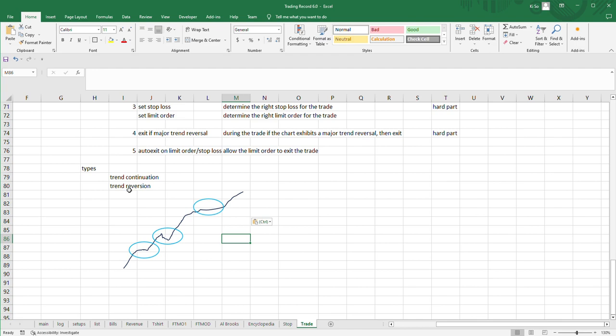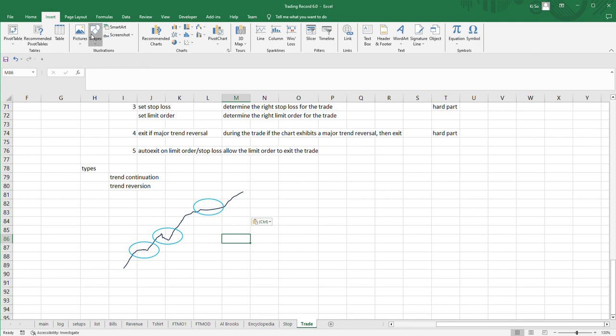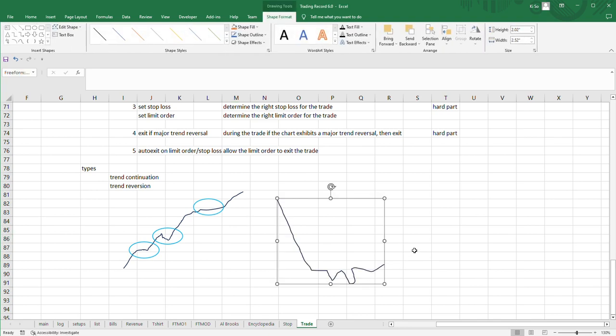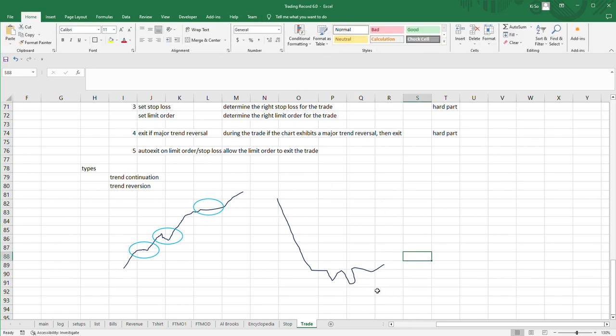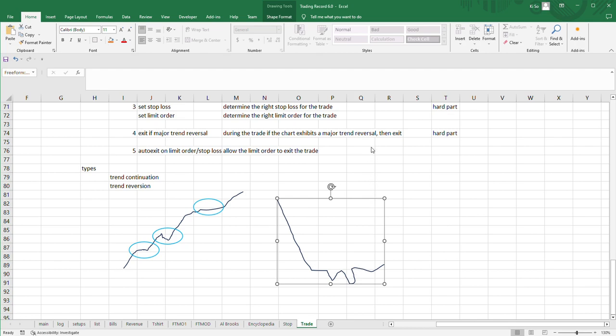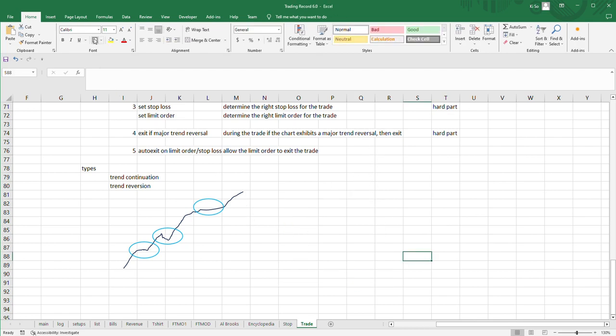Reversion occurs. The second part is essentially, I am looking at a situation where the stock has started to move down and then started to move this way or that way or this way or that way, okay? And then has established a, well, okay, so let's cut that. Let's draw it again.